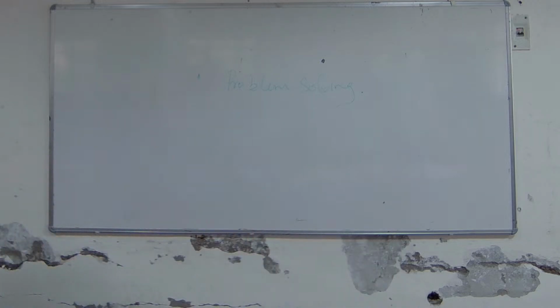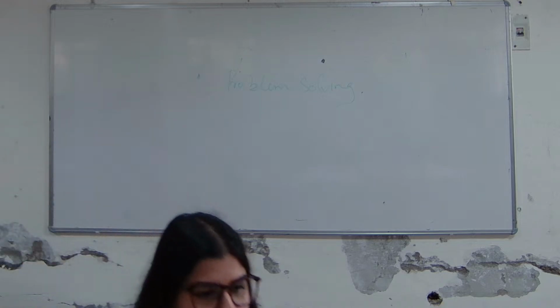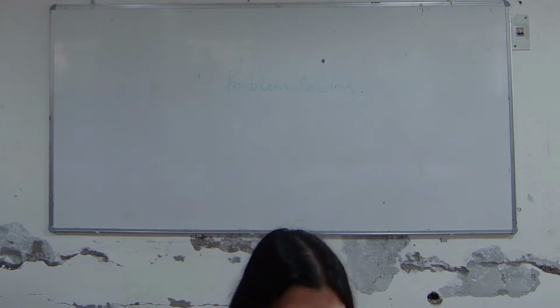Avoidance. That is also there. Avoidance. Okay. Now, what can be the example of going to a dentist or avoiding it? So, avoiding is painful, and going to a dentist is also painful.